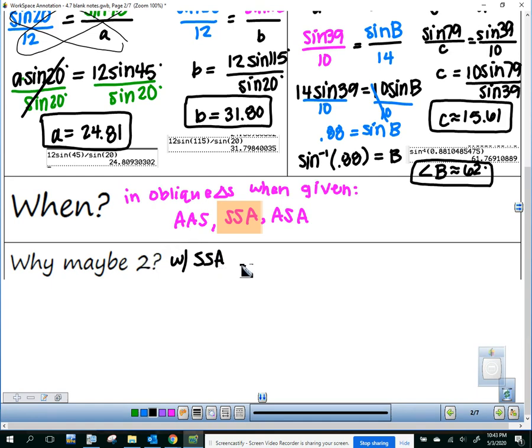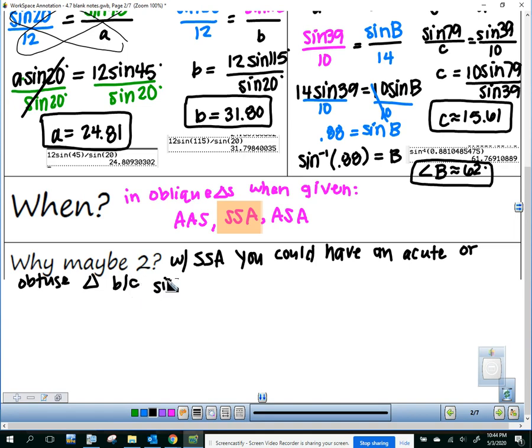So with side, side, angle, you could have an acute or obtuse triangle, because sine is positive in quadrant 1 and in quadrant 2.